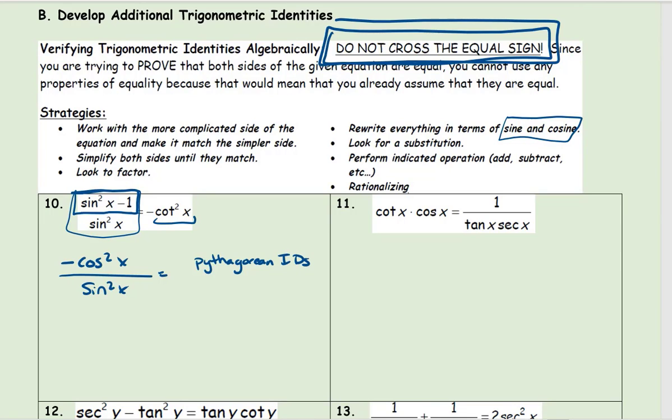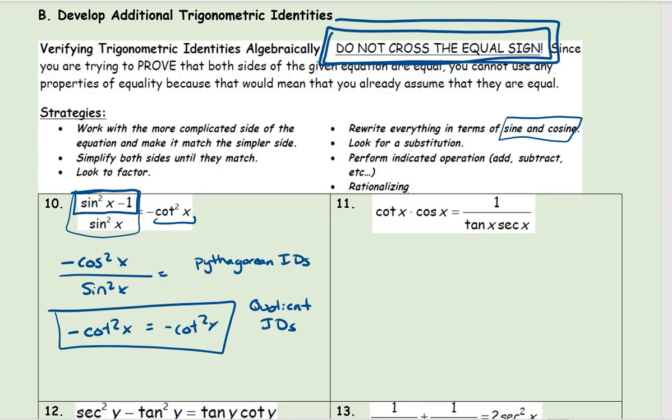Well, if cosine over sine is cotangent, then negative cosine squared over sine squared has to be negative cotangent squared. So we have negative cotangent squared x is equal to negative cotangent squared x, and we got there by using one of the quotient identities. And guess what, guys? We have actually solved this whole thing. We proved that one side is equal to the other, and it was only 2 steps.